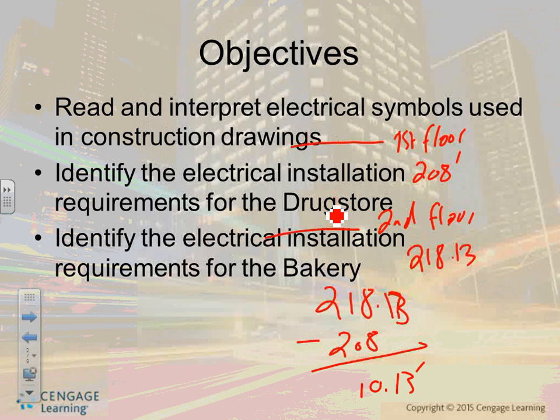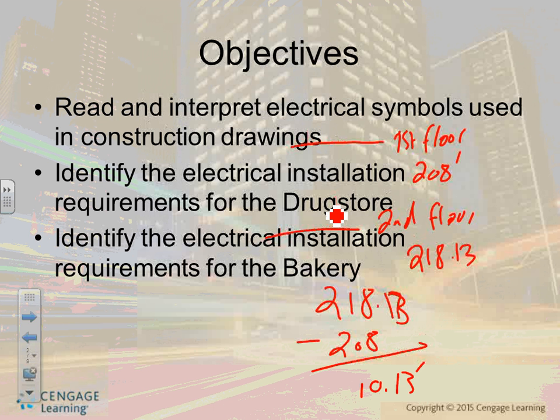In feet. 10.13 feet is the height between the floors, from the top of the first floor to the bottom of the second floor. So the light sits at the second floor elevation. The bottom of the fixture is sitting at the second floor elevation. That's how we work.